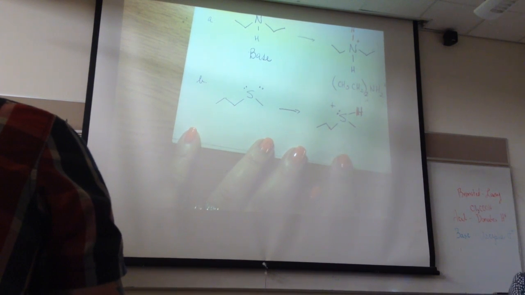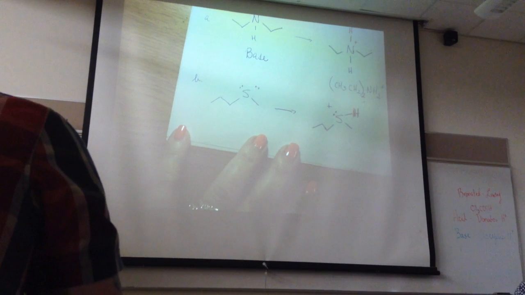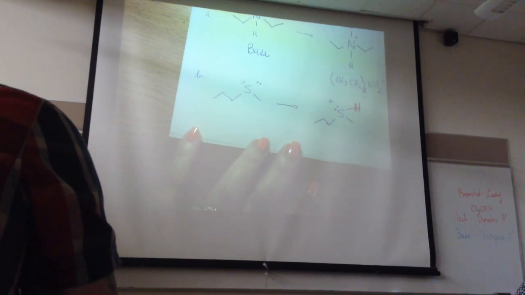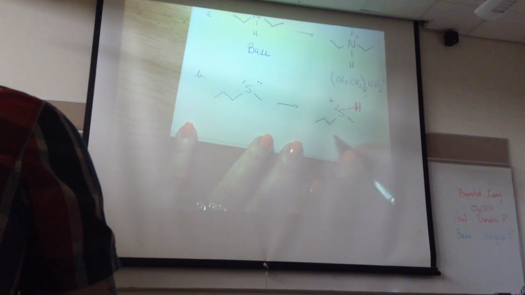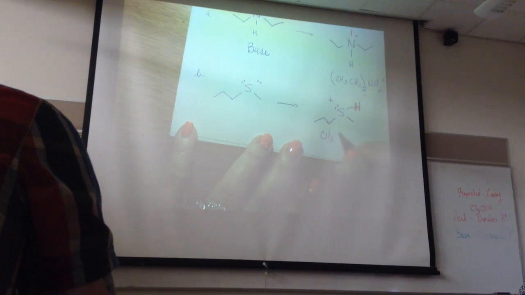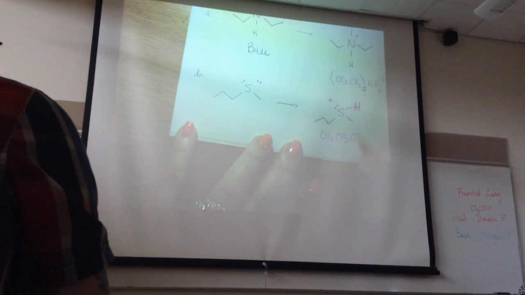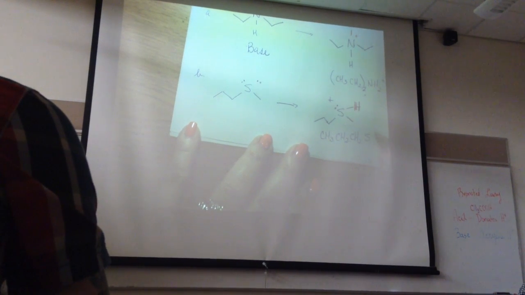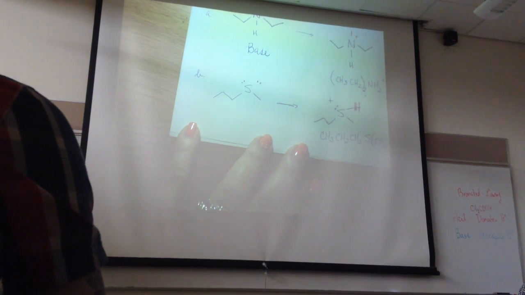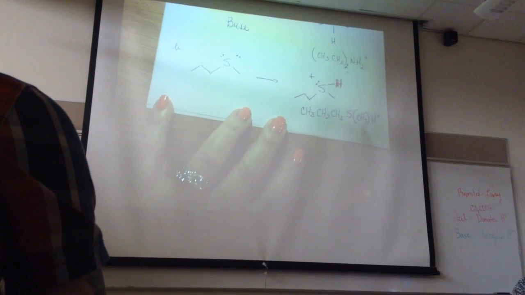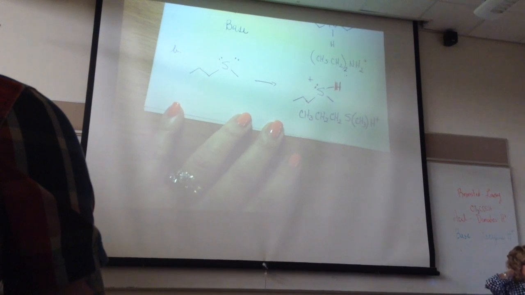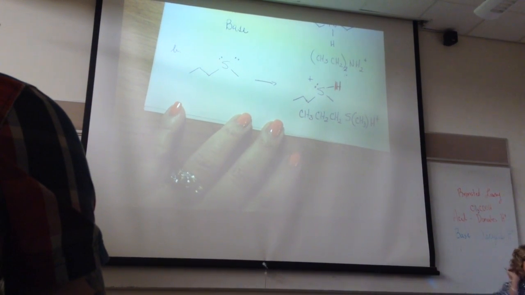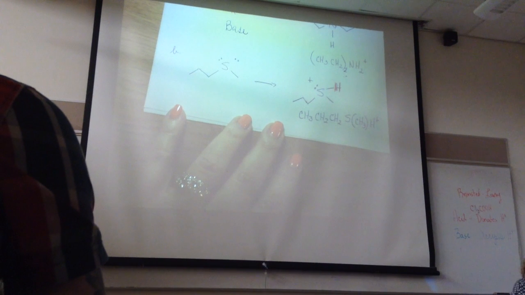I think this one, again, for the condensed formula, somebody might go ahead and put this as CH3, CH2, CH2, and you'll have that as an S, parentheses. This doesn't work very well. A lot of these things, people do not use condensed formulas. They're not working very well. That doesn't even look right to me.